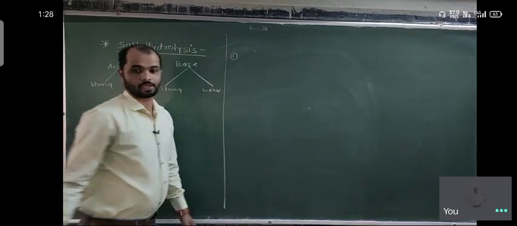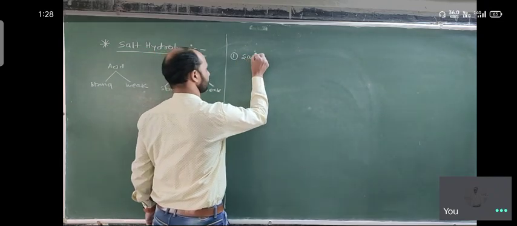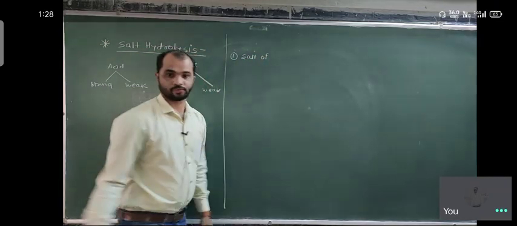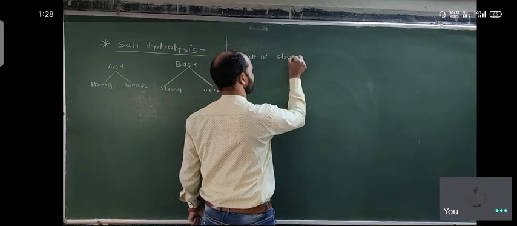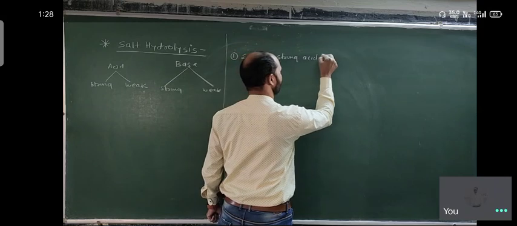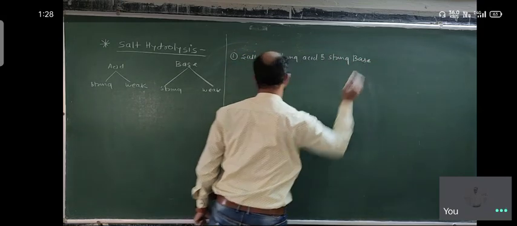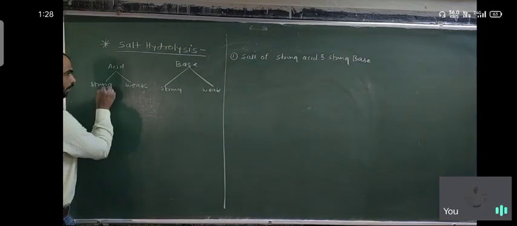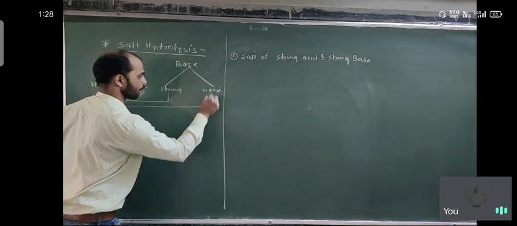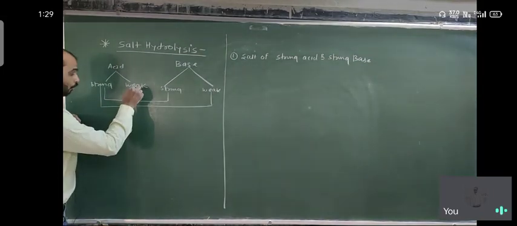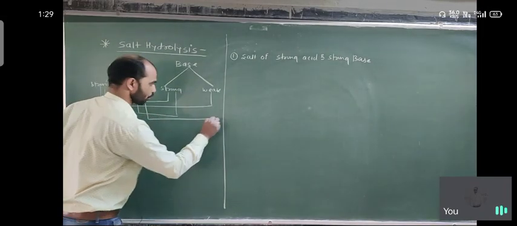First is the salt of a strong acid and strong base. We get four conditions: strong acid, strong base; strong acid, weak base, which is the second condition; weak acid, strong base; and weak acid, weak base.